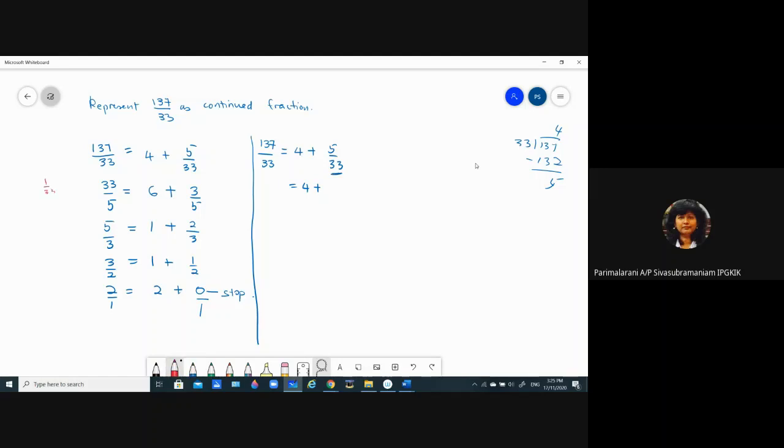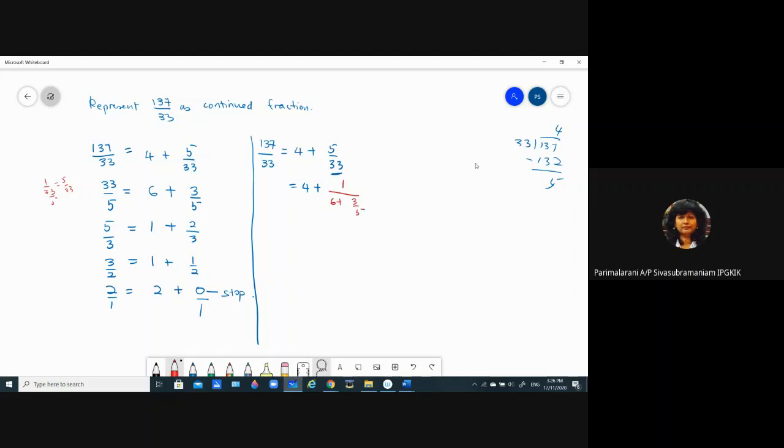Do you agree with me? Yes. What is 33 over 5? It is this whole thing, so it is 1 over this. So this is 4 plus 1 over 6 plus 3 over 5.